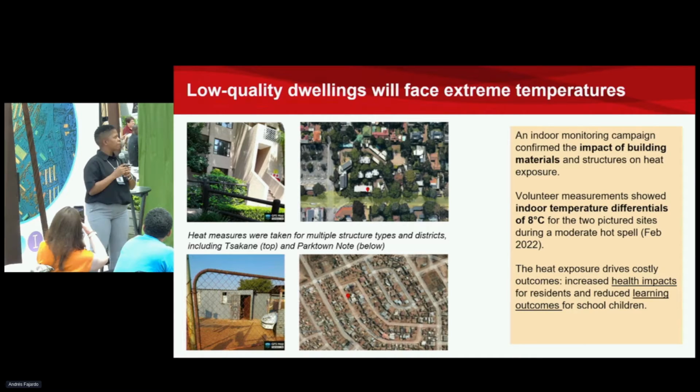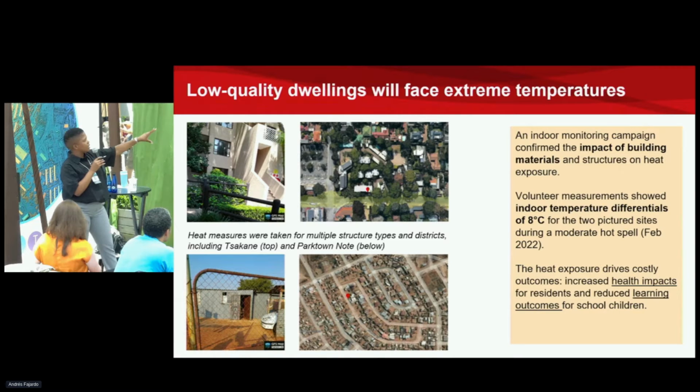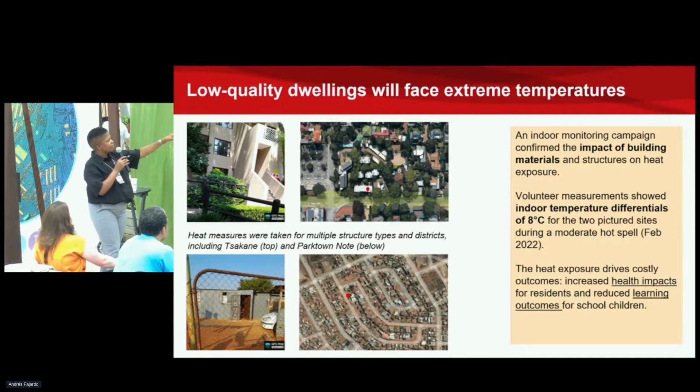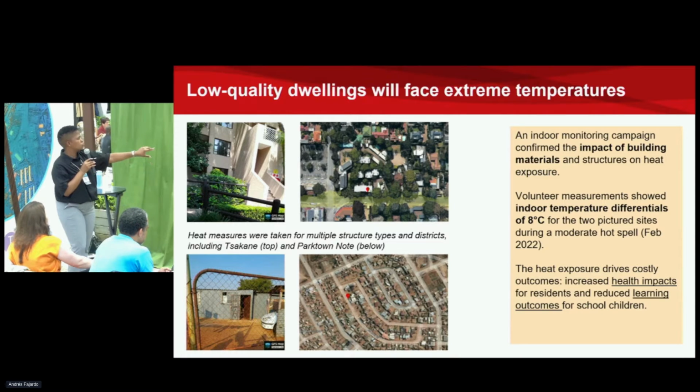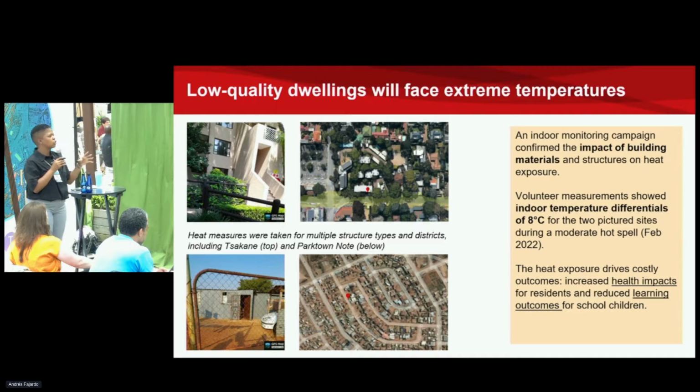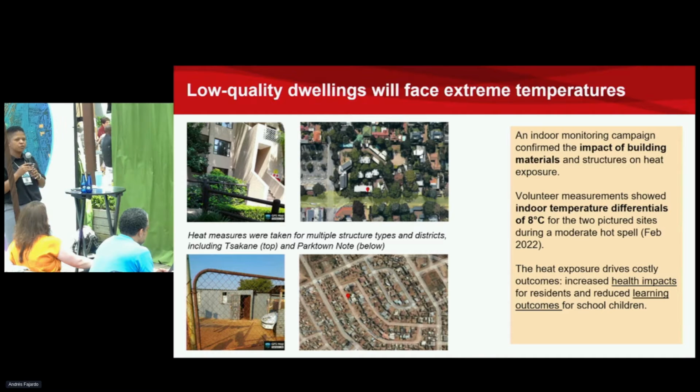What you're seeing at the top left would be your normal residential block of flats, and then this would be your relatively affluent residential area as compared to a township area and an informal settlement. So we're already seeing the people that are going to be most vulnerable to heat are the people in these sorts of housing structures.